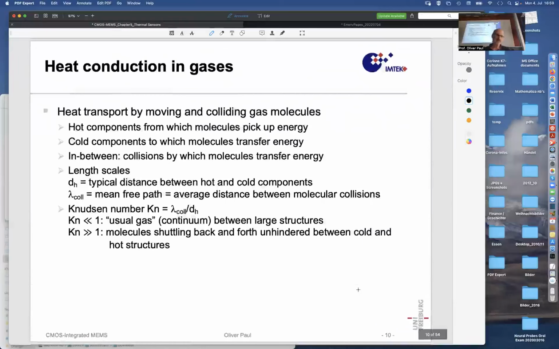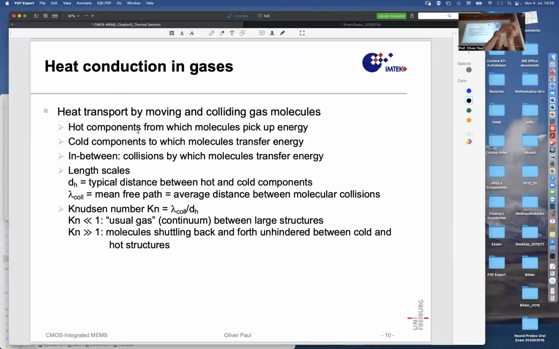So this is as much as I would like to say for conduction in solid materials. Now, these solid components are also surrounded by gas. So the membrane has air around, and the gas dissipates heat by conduction and by convection. That is again a diverse subject. Hot components are the origin of energy transfer to the gas.